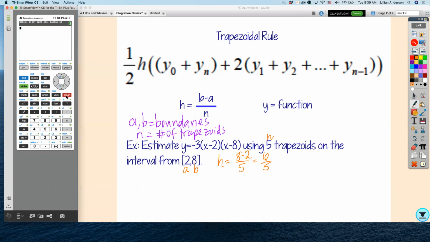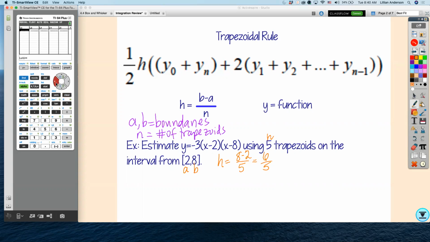So to do this, we went to Stat and we went to Edit, okay? And here is where we essentially put in a few formulas to help us in finding out the Y part. So in Y1 is where we essentially would represent each of the boundaries of those trapezoids that we're trying to create to get this estimate.